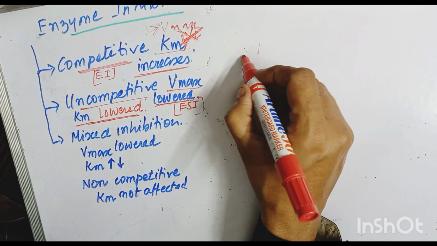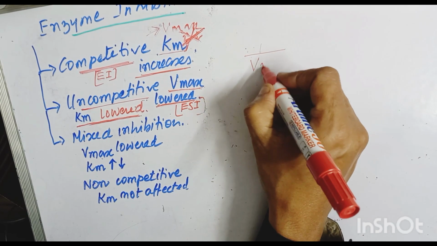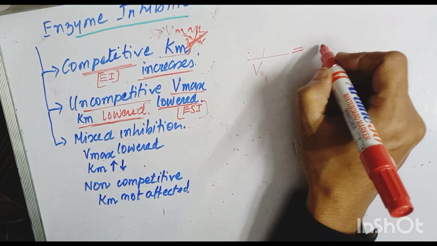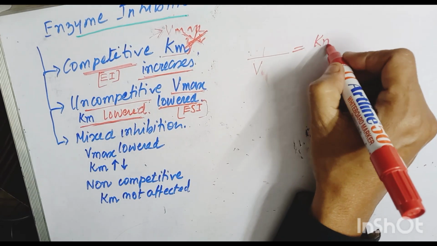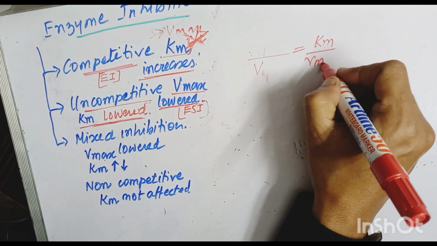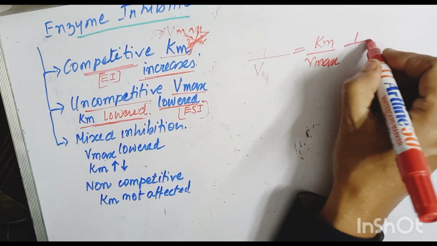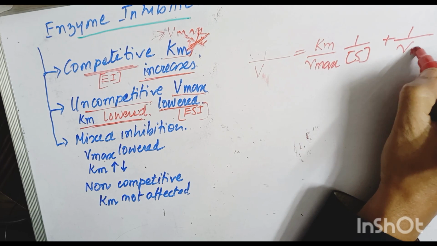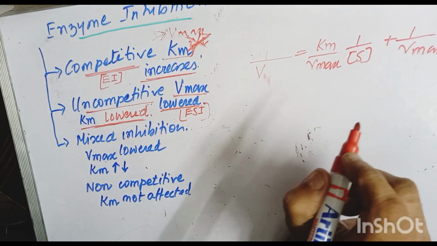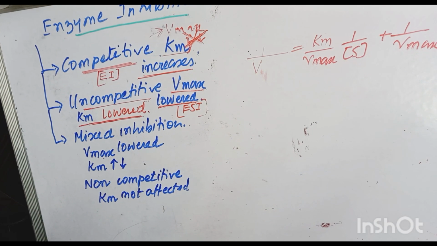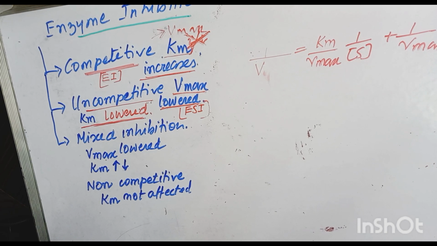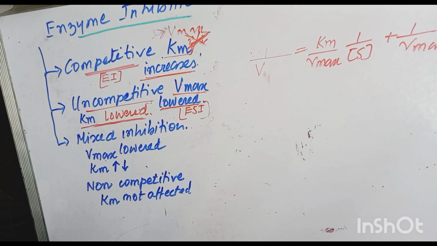Remember, I'll again write the equation: 1 by V equal to Km by Vmax into 1 by S plus 1 by Vmax. Now in case of mixed inhibition, there will be both types of inhibition.